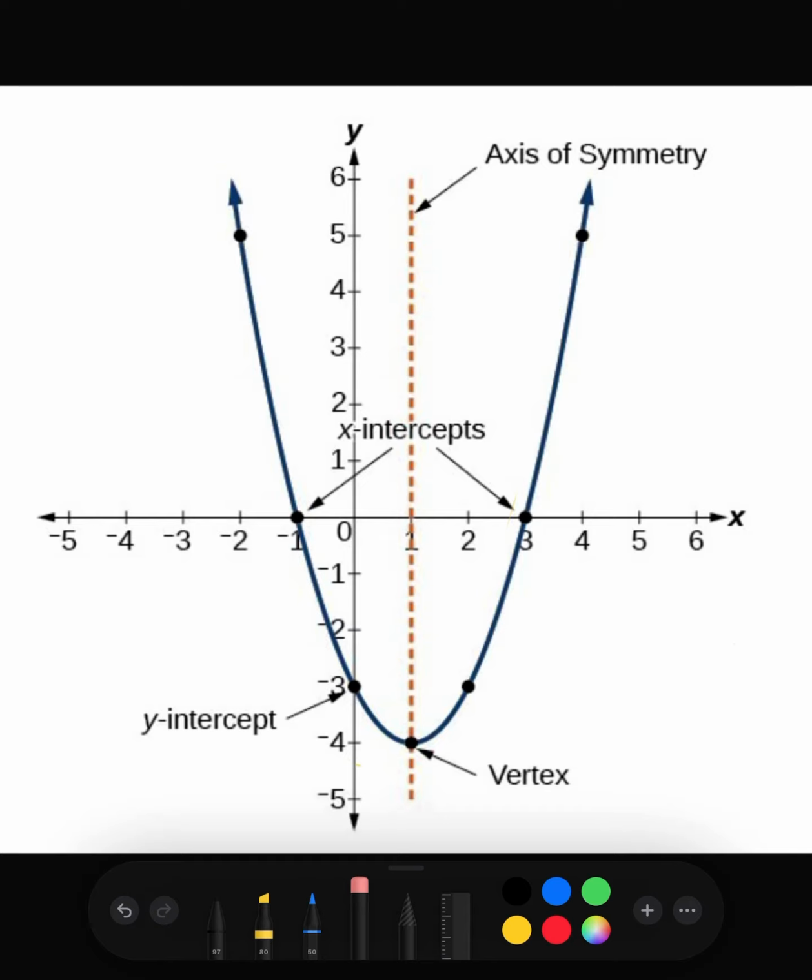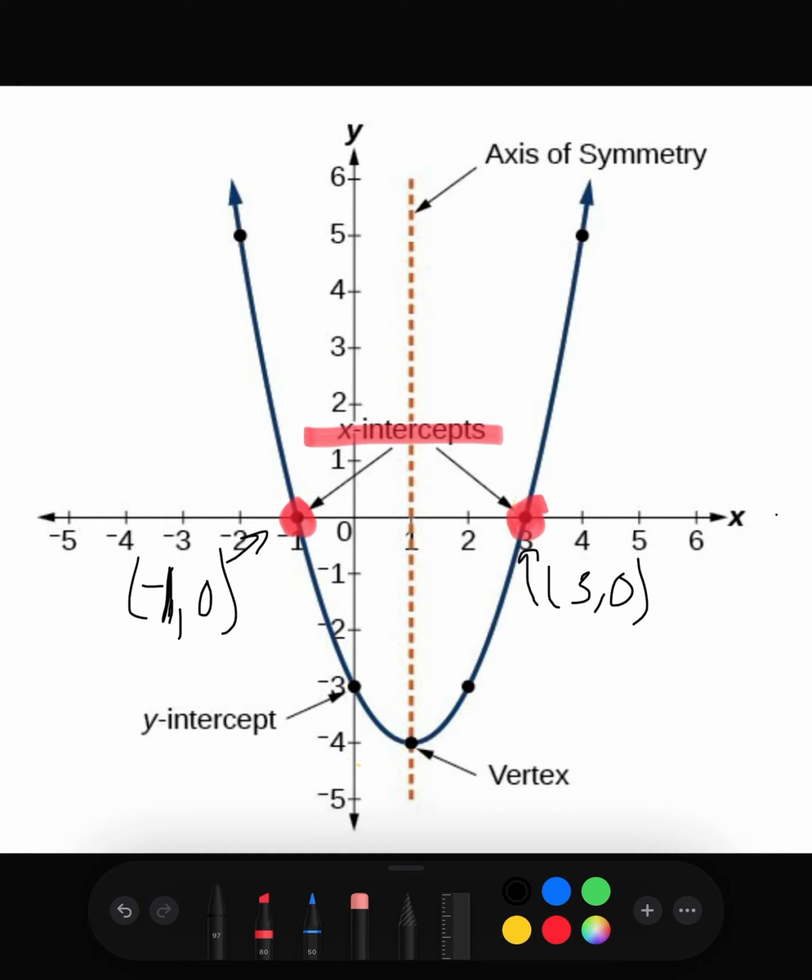The other thing I want us to pay attention to is the x-intercepts and the y-intercept. So the x-intercepts, which I'm going to highlight here in red, in this case, our x-intercepts would be the points (3, 0) and the point (-1, 0), here and here.